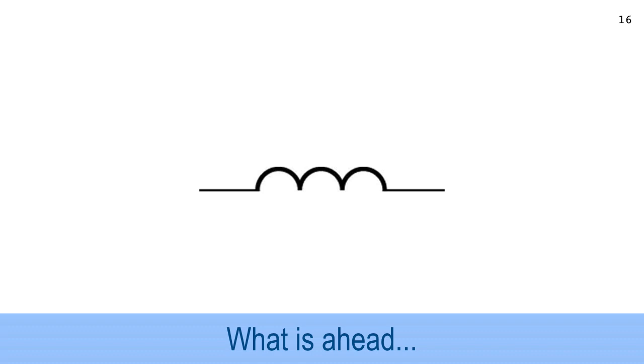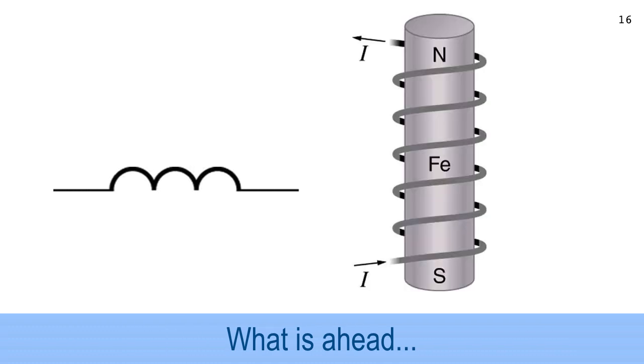Now this is what we're going to be attacking probably next week. This is a capacitor and a resistance and a voltage source. And up there, that curly Q is a symbol for a coil or some kind of electromagnet.